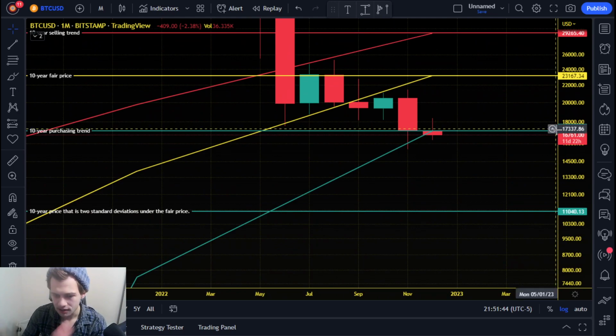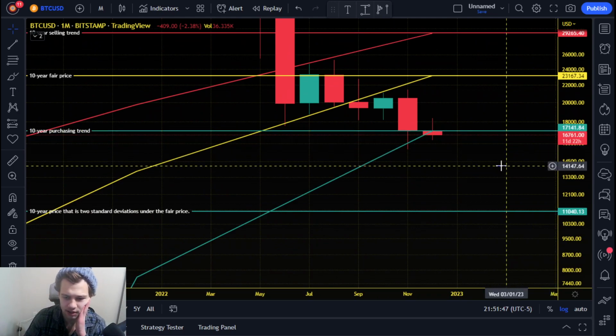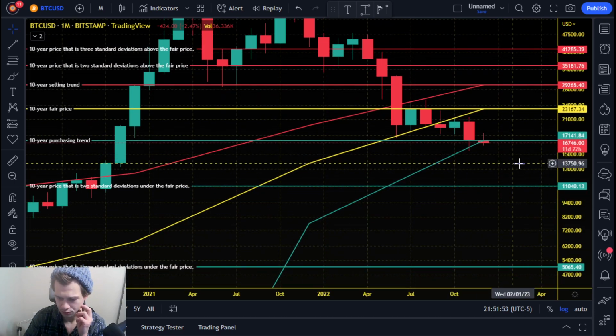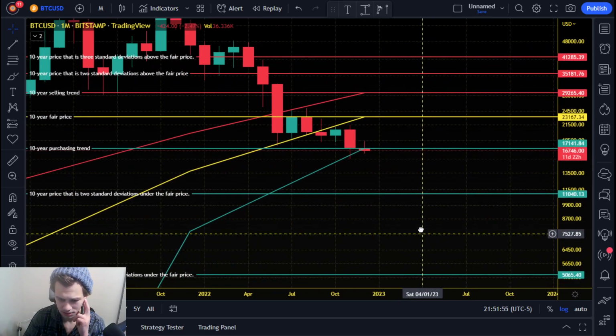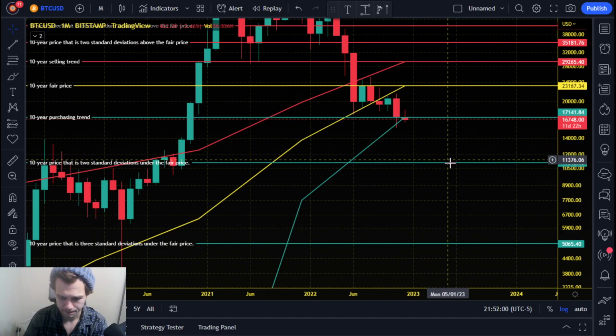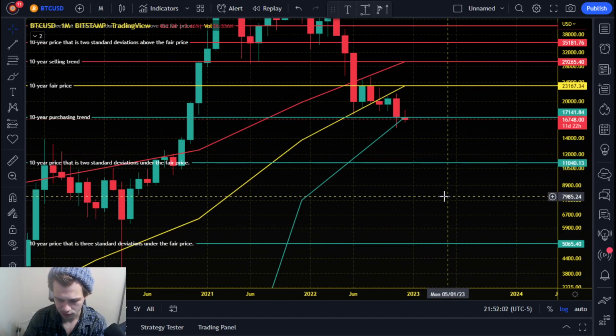But if we do see a bottom or some sort of pivot, it would likely be lower in these ranges here, because given what I've seen on the Fed tracker, it would be likely that we would see a reversal around these points here.